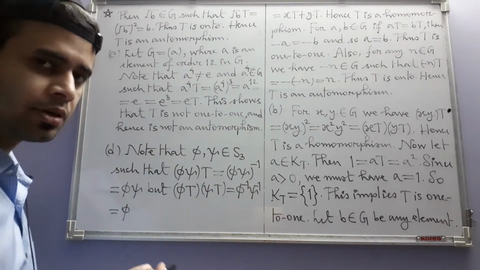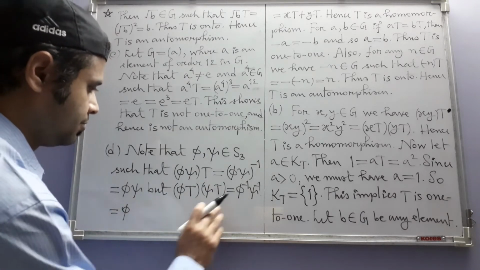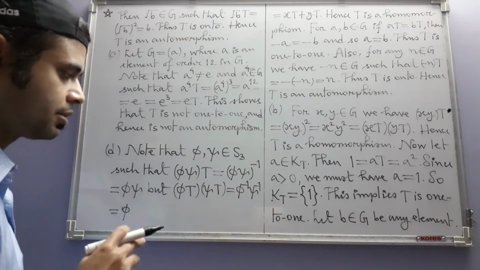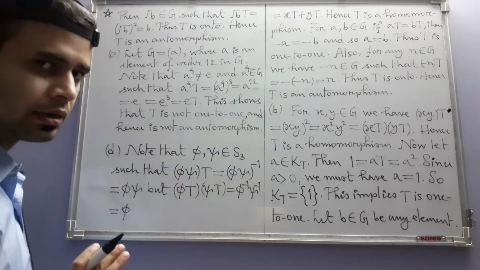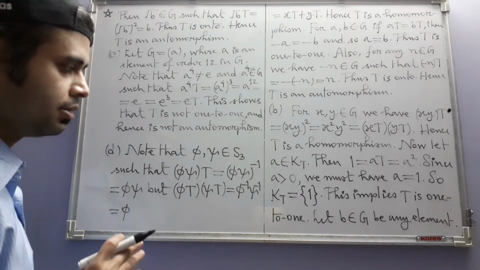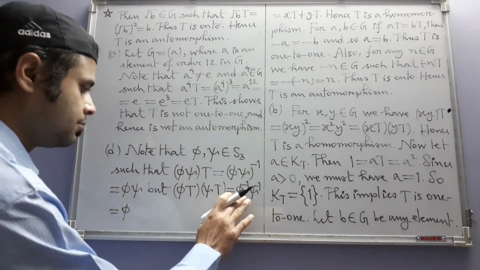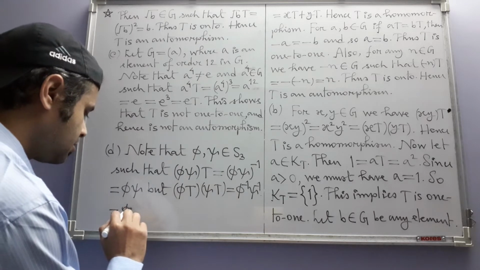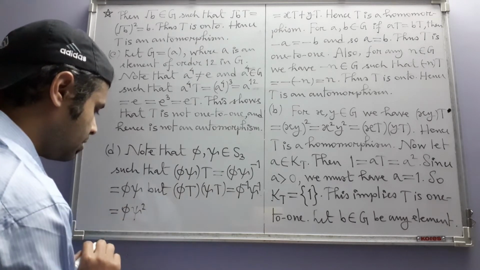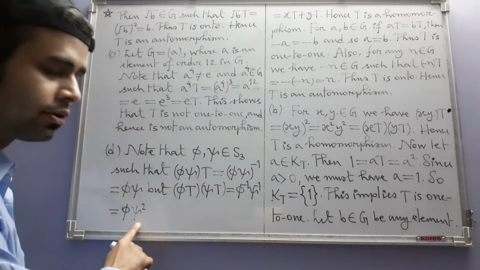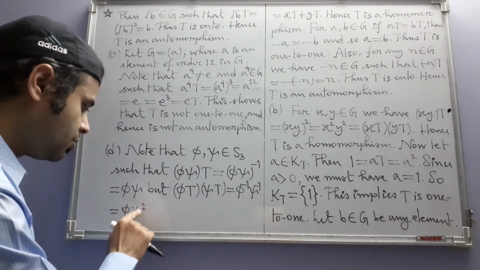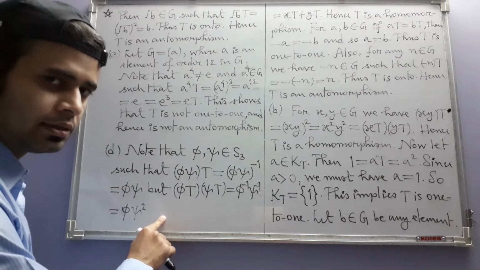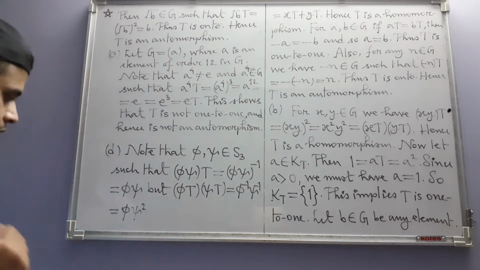The inverse of phi is also phi itself, and that comes from the fact that phi square is identity. But psi is not such an element. Psi square is not identity. Psi cube is identity. Because of that, psi inverse is psi square, and these two things are not equal. Had they been equal, psi would have been equal to the identity by the cancellation laws, which is not true.